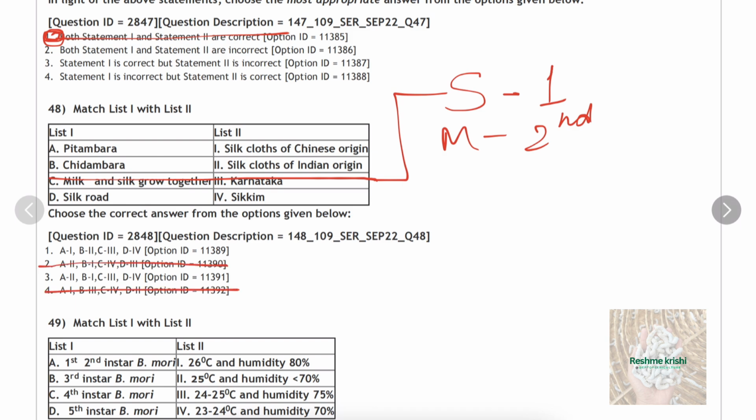Then the Silk Road passes in India by Sikkim, D4. Then Pitambara, Pattu Pitambara, it is called in traditional Hindu culture. That belongs to the silk cloth of Indian origin. So A1, C3, D4. The answer is right in front of our eyes.